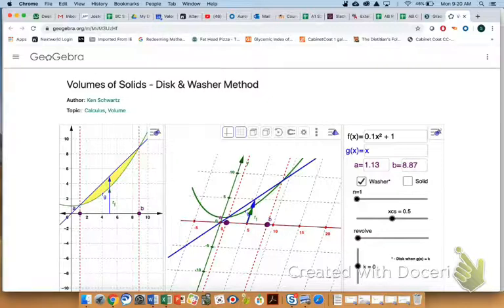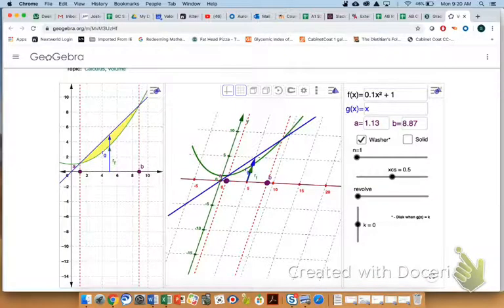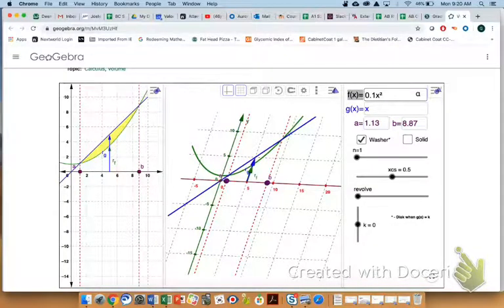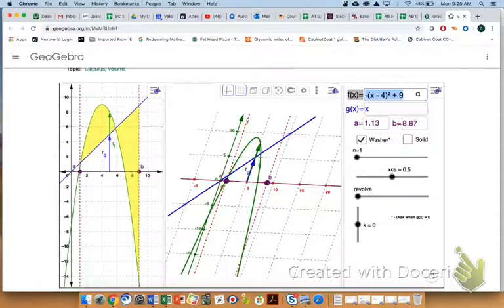So I want to explain how it is we're going to get that. Knowing where we're going to go, I'm going to change this function a little bit. I think we'll go with that.